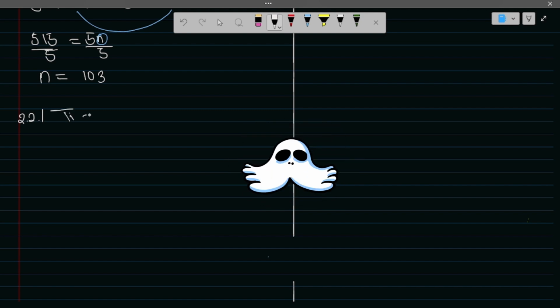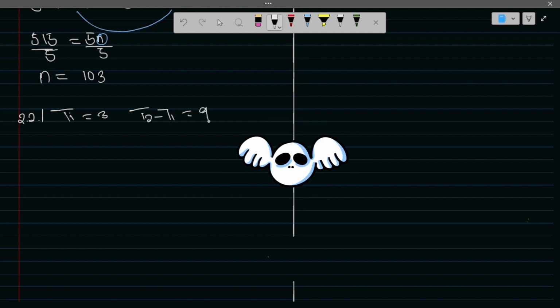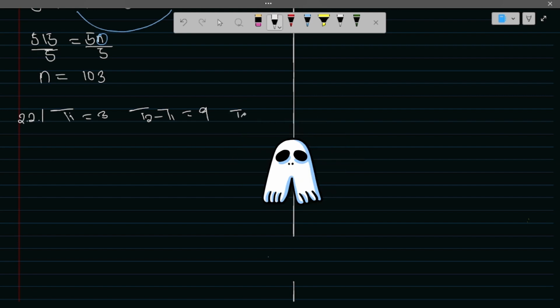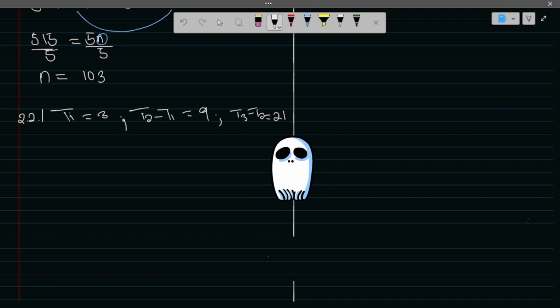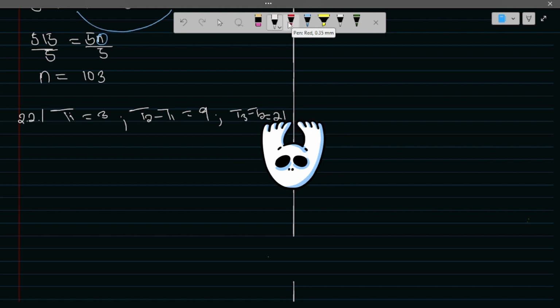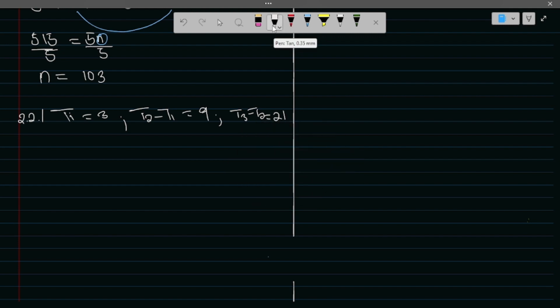The first term is equal to 3, term 2 minus term 1 is equal to 9, and term 3 minus term 2 is equal to 21. In the long format, you look for the Tn of this number pattern, which is an squared plus bn plus c, the quadratic formula basically.